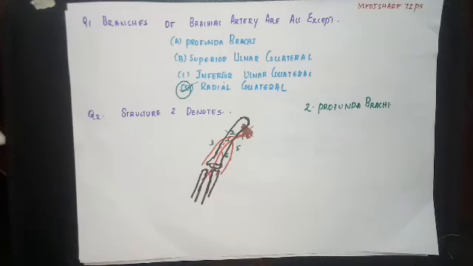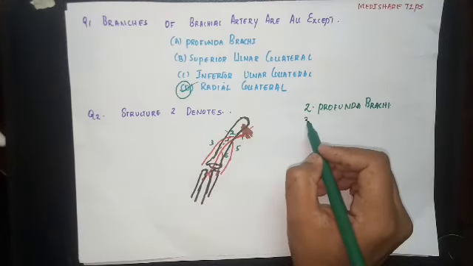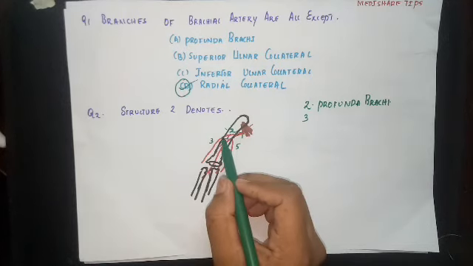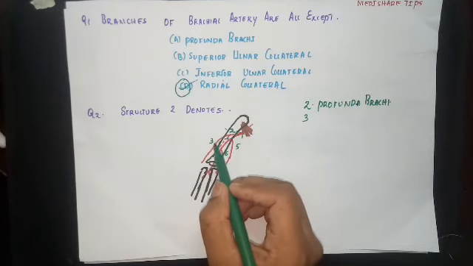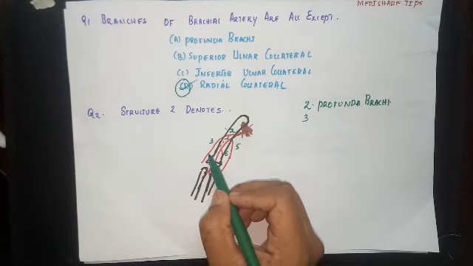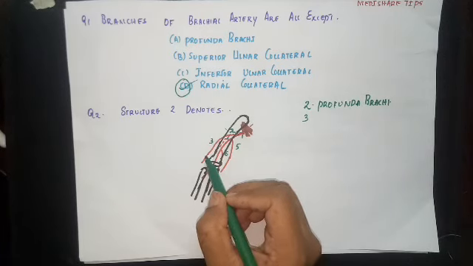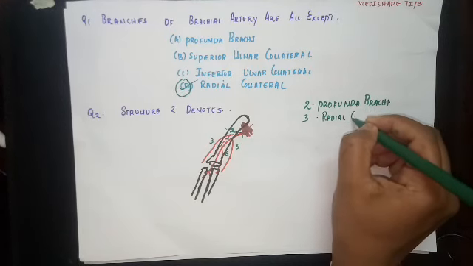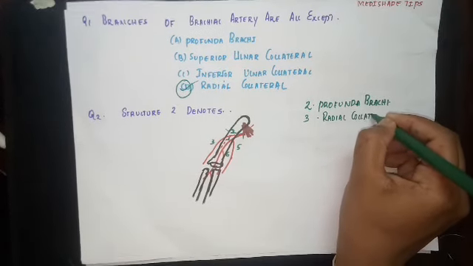And what is the structure marked as 3? The third artery is the one which is arising from the profunda brachial artery and it is descending anteriorly. So it is an anterior descending branch of profunda brachial artery, which is also called the radial collateral artery.